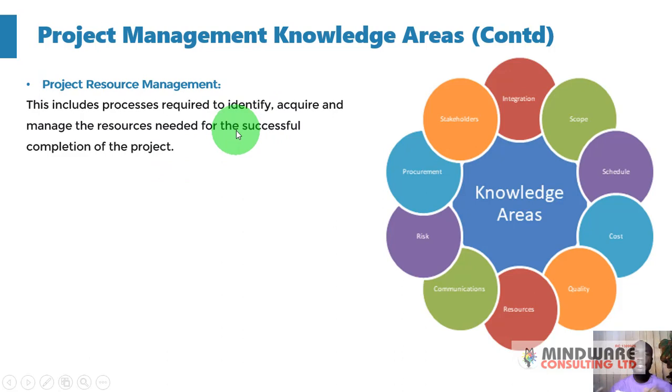So this is a very key aspect of your project management process, resource management, because when you are carrying out a project, you're going to need different kinds of resources. You need human resources, that's the people, and you need different kinds of people in different categories. You need experts, subject matter experts, or professionals, depending on what it is that you're doing or the project you're carrying out.